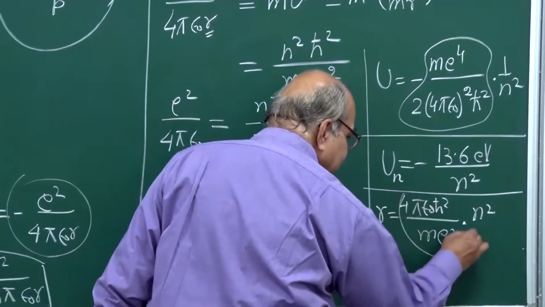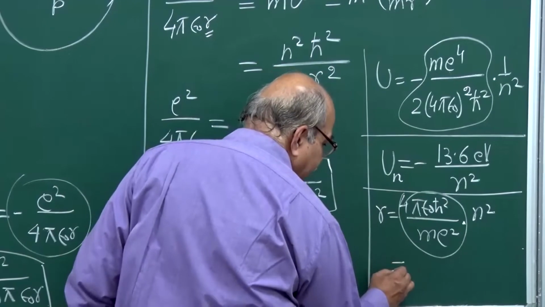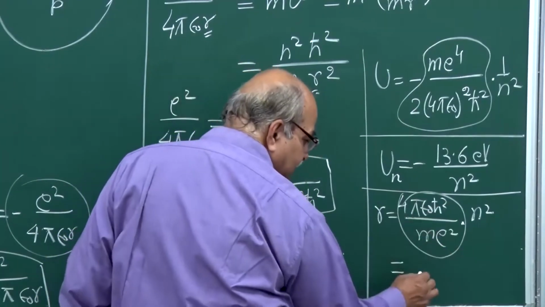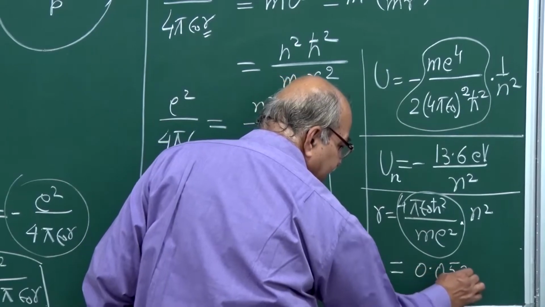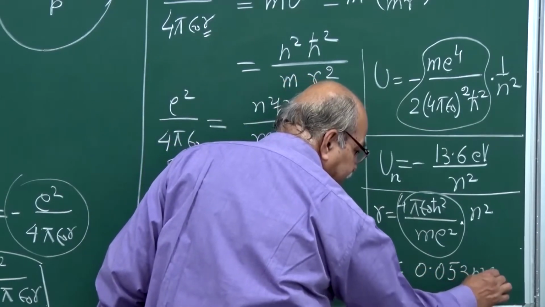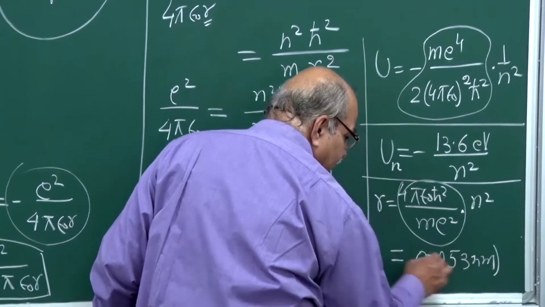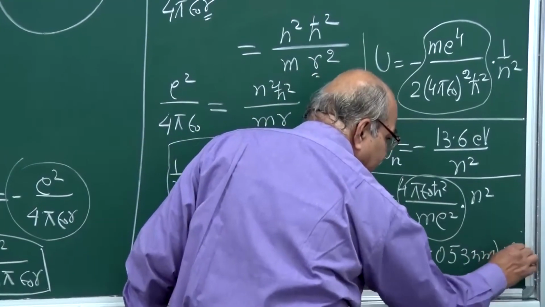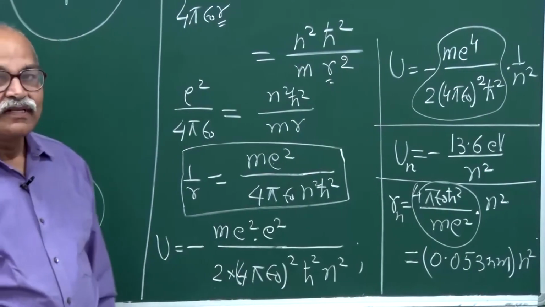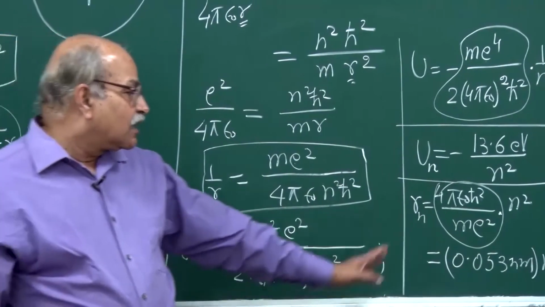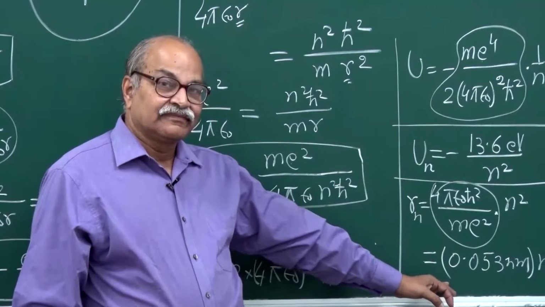And this quantity once again is just a number, and if you put all those values, that turns out to be 0.053 nanometers times n square. So you can say this is R_n.